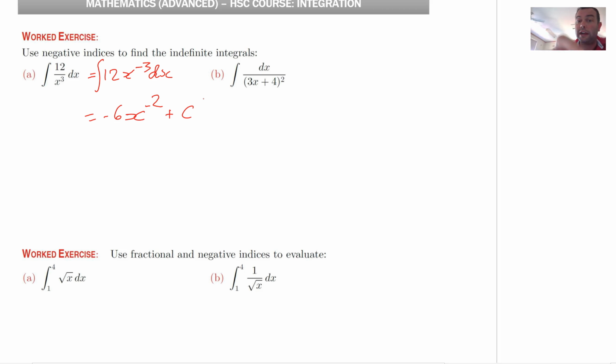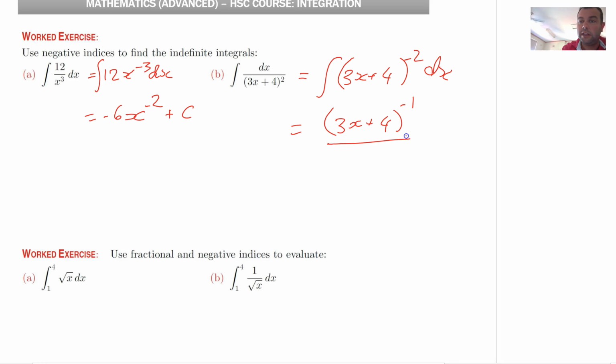So rewrite it as a negative power. We're going to do the same thing here. It's going to be a combination. So this is equivalent to the integral of 3x plus 4 to the negative 2 dx. The way we do this, remember, I start with 3x plus 4. I increase this power by 1, so that's a negative 1.